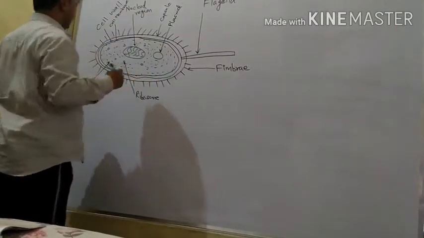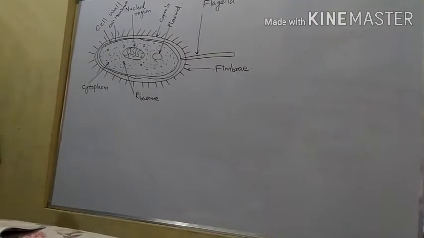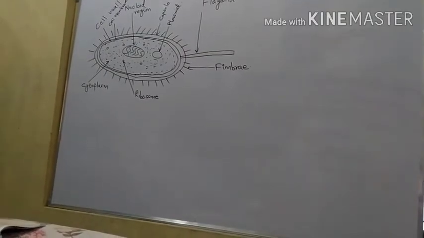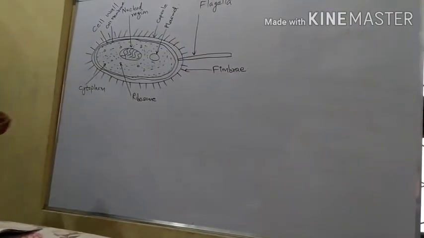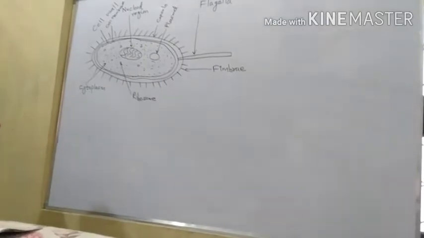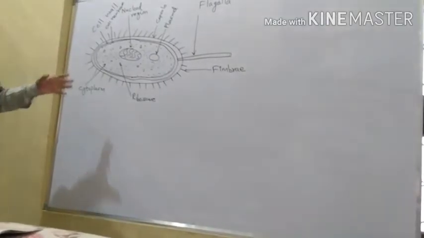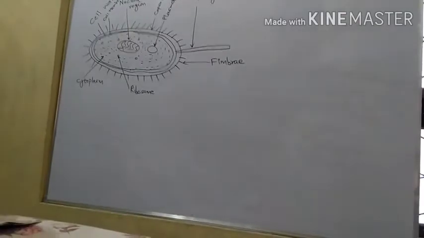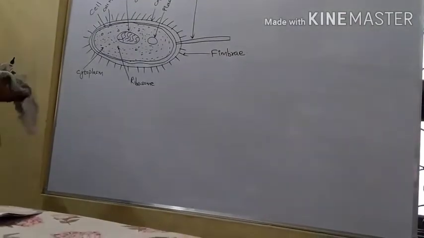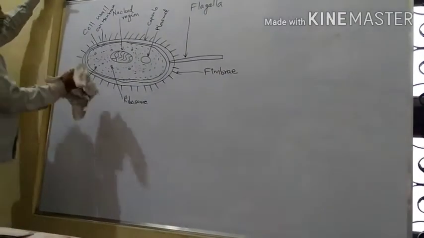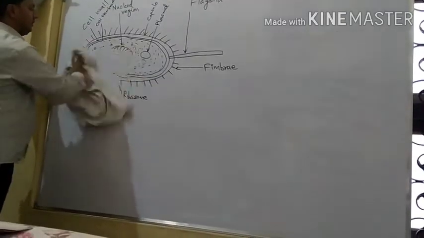This is the typical structure of a prokaryotic cell, which can be seen clearly here. Now we will discuss some points of difference between prokaryotic and eukaryotic cells. Now I am going to rub this structure. This is the structure of a typical prokaryotic cell.